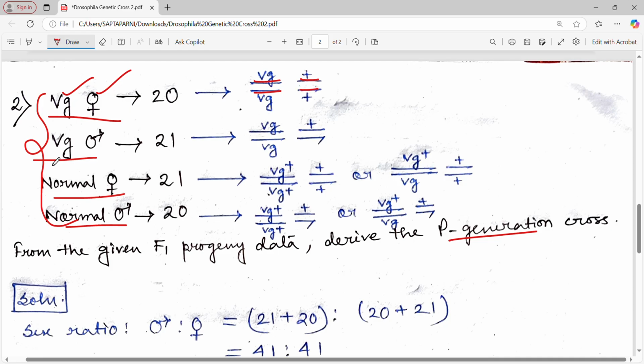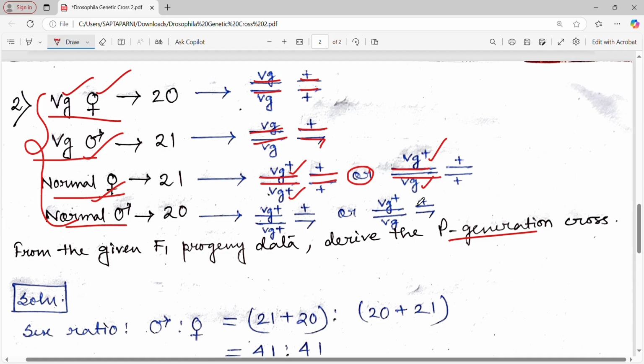Next, vestigial male, so obviously both the autosomes will contain the vestigial mutant allele, and as it is a male, there will be an X and a Y chromosome. Now in a normal female, both the autosomes may contain the wild type allele, that is VG plus, with 2 X chromosomes, or one autosome may carry the VG plus wild type allele and the other may carry the VG mutant allele.